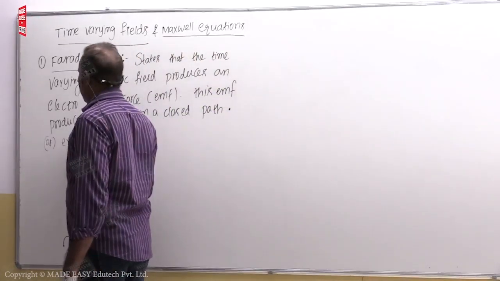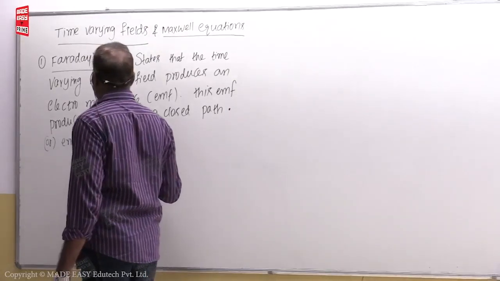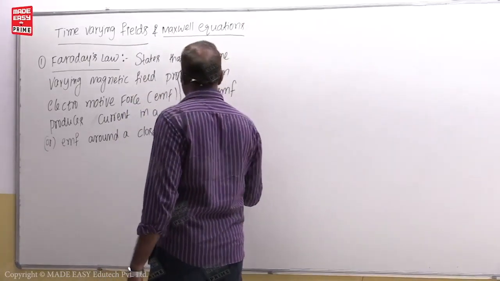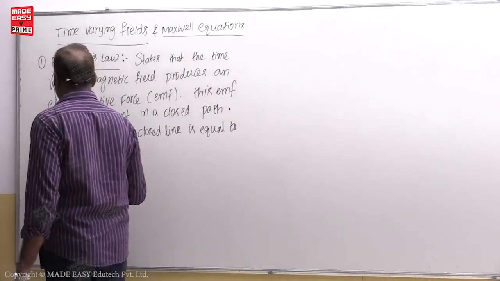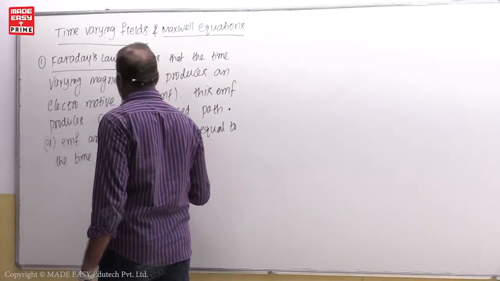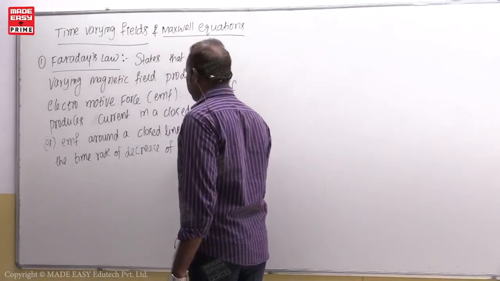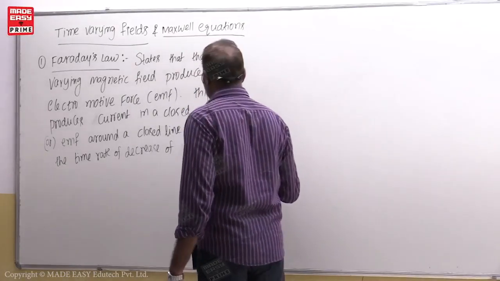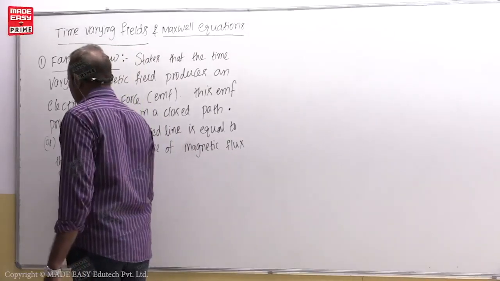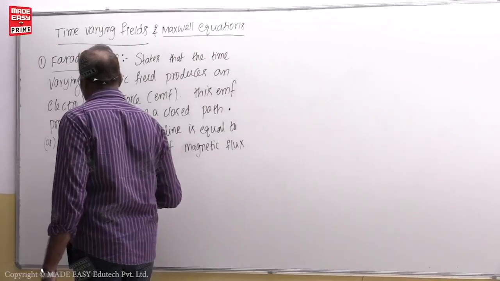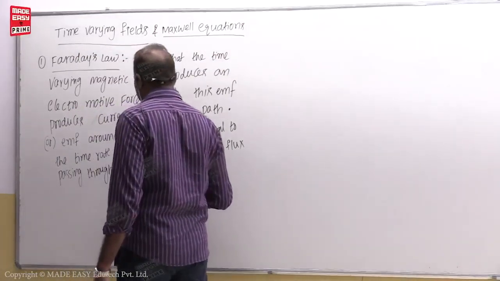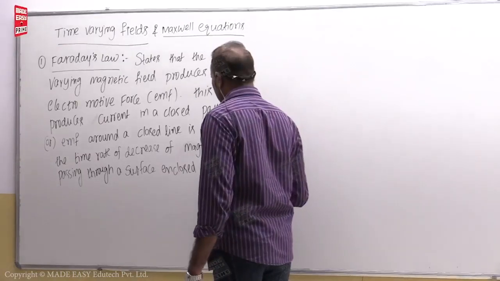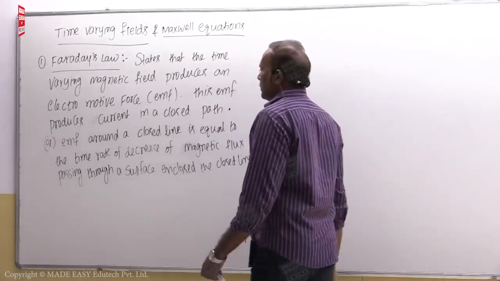Otherwise, it is written like this also: EMF around a closed line is equal to the time rate of decrease of magnetic flux passing through a surface enclosed, meaning inside that surface, by the closed line.